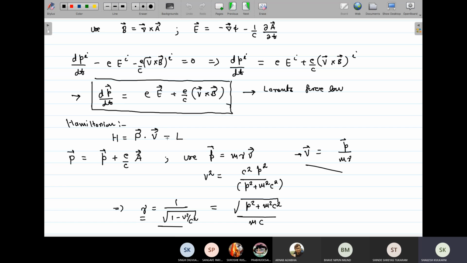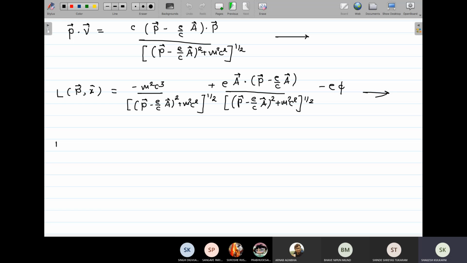Then you use this Legendre transformation to calculate H. I will leave it to you to derive this, and then use this relation in the definition of H, and you will get H is equal to the square root of (vector P minus e/c vector A) squared c squared plus m squared c to the power 4, plus e phi.